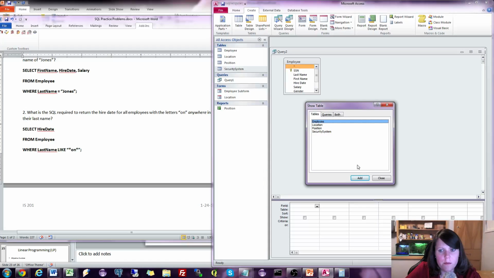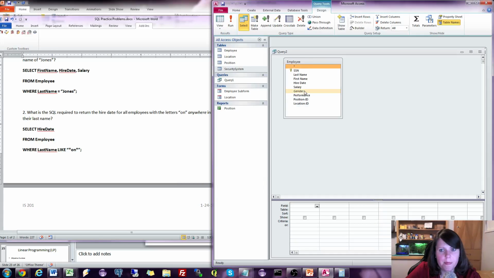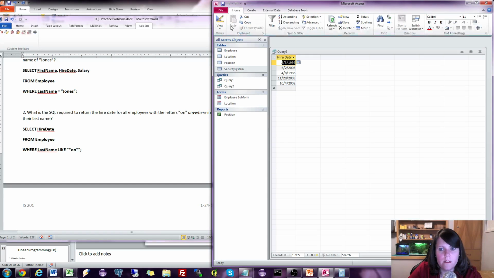I only need the employee table is what we said. So I want hire date for all employees with letters ON anywhere in their last name. So I need the last name, but again, I'm not going to include it. And I need the criteria that we have: wildcard, ON, wildcard, end quote. Okay, let's save that and run it.